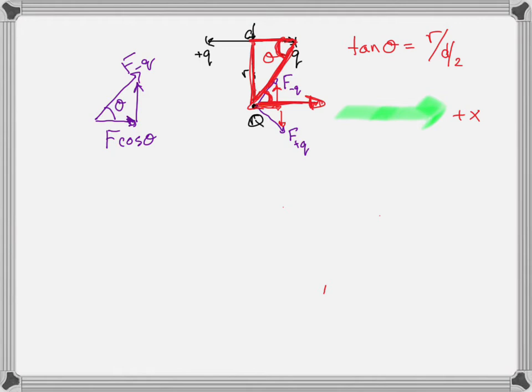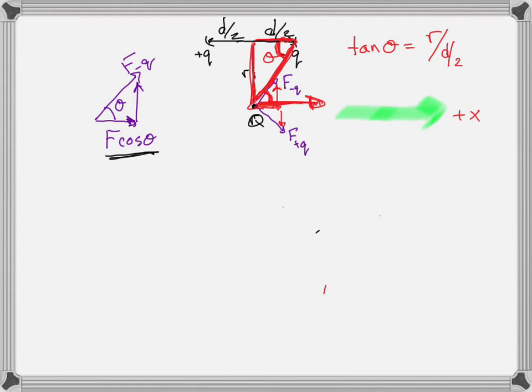Remember, between the two charges is d, and we're looking at a triangle which takes only half of that distance, right? So this is d over 2. So tan theta is r over d over 2. Well, actually, I just realized, while that is true, notice that the component is written in terms of cosine theta.